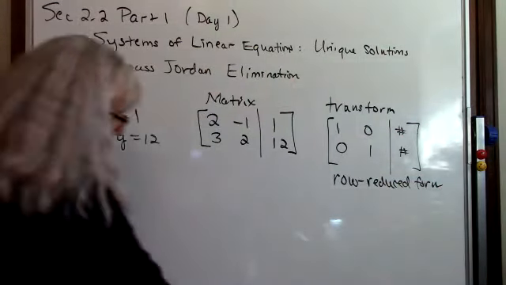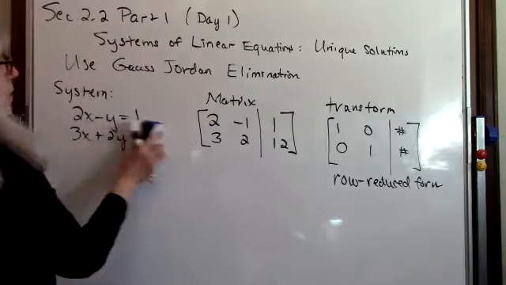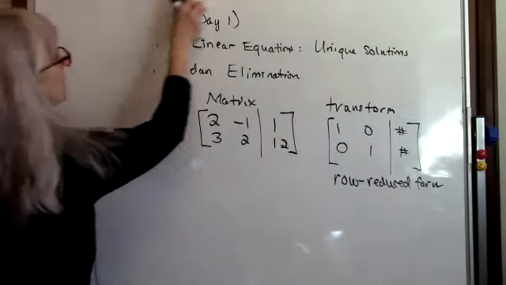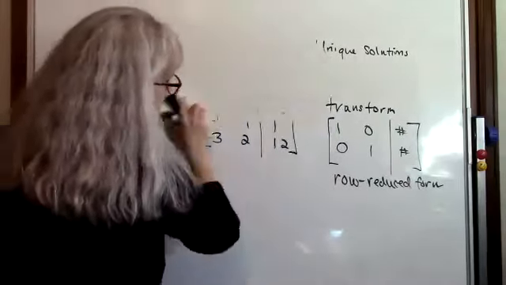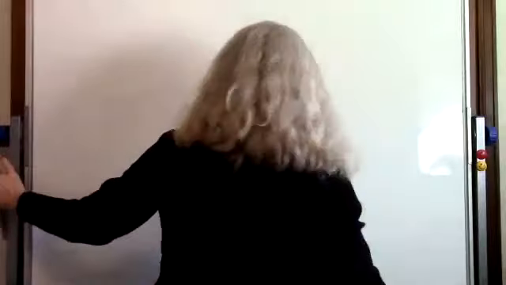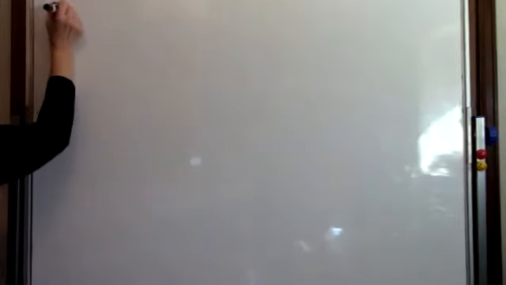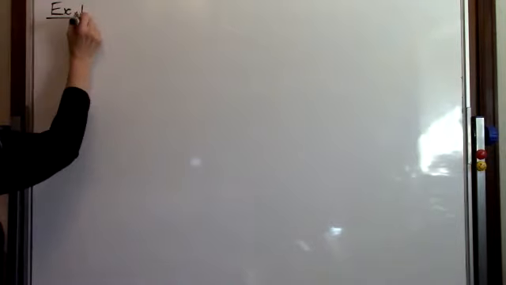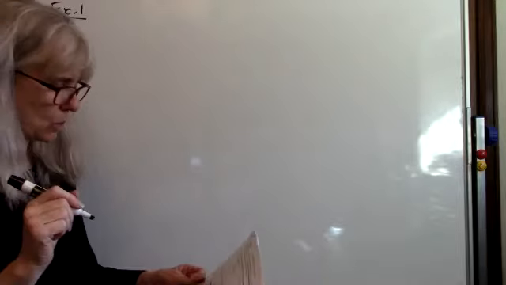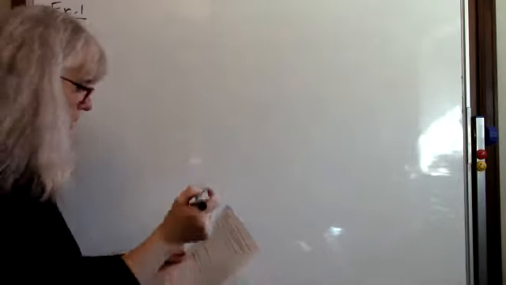So our first example is just going to come in and basically check to see if you recognize when the matrix has been row reduced or what that means. Example 1, part A. The directions ask: indicate whether the matrix is in row reduced form.